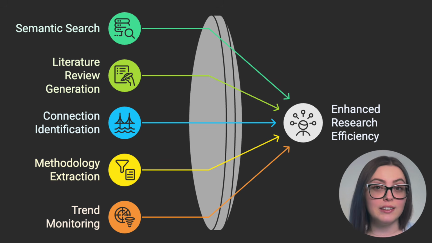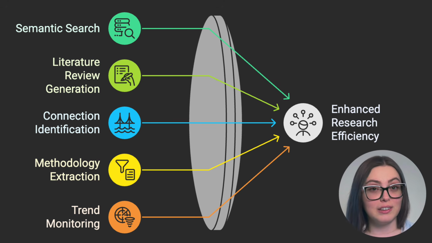They generate literature reviews and synthesize findings from multiple sources. They identify connections between seemingly unrelated research areas and extract and summarize key methodologies or results. These capabilities accelerate the research process and help identify insights that might otherwise be missed.